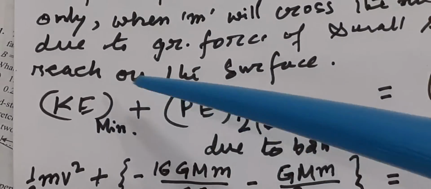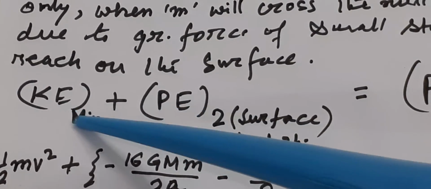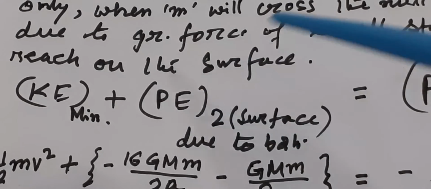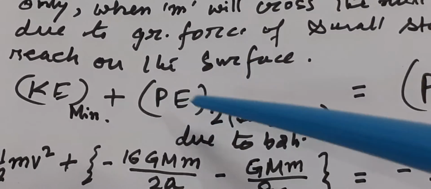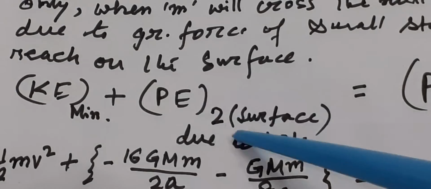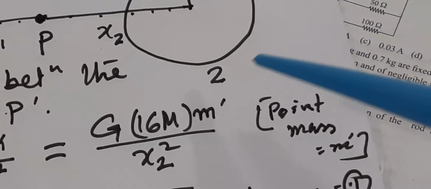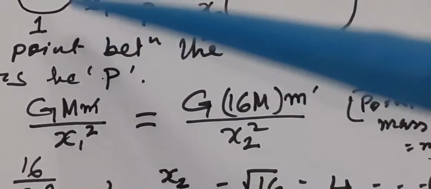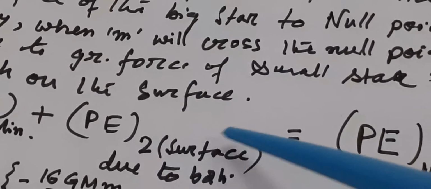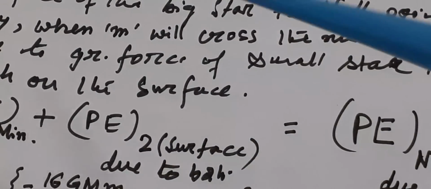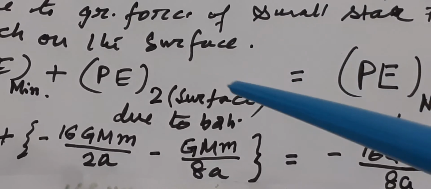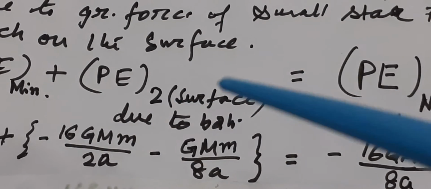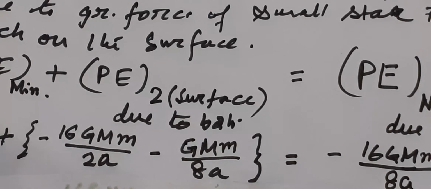Kinetic energy when it is on the big star is the minimum energy. Potential energy on the surface of that star, PE, is taken as 2 because of the symbol I have given here, 2 here and 1 there. The potential energy calculation has to be done on the big star surface due to both the stars.